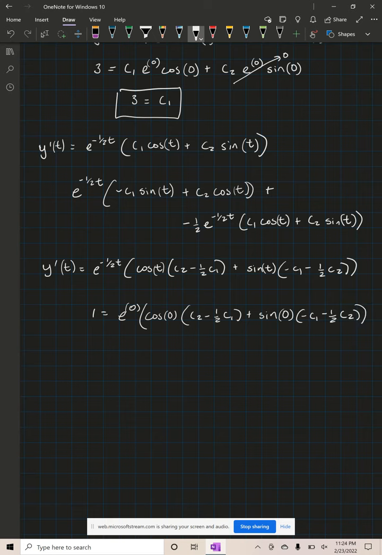All right, so anything raised to the power 0 is just 1, so always keep that in mind. Sine of 0 will cancel out this whole term and become 0.